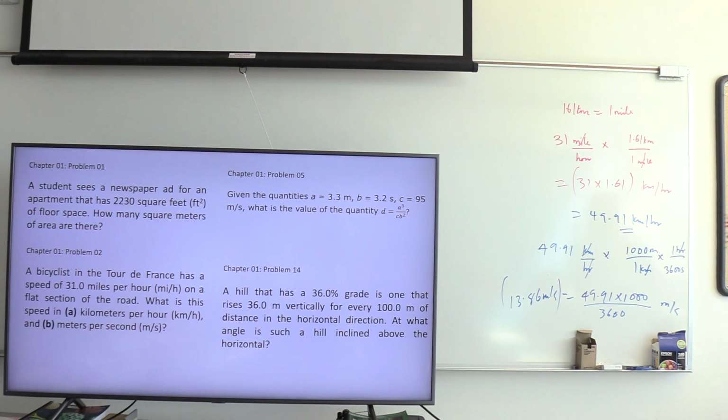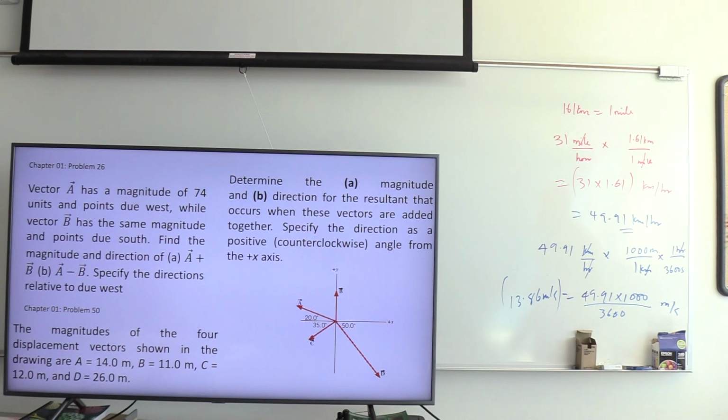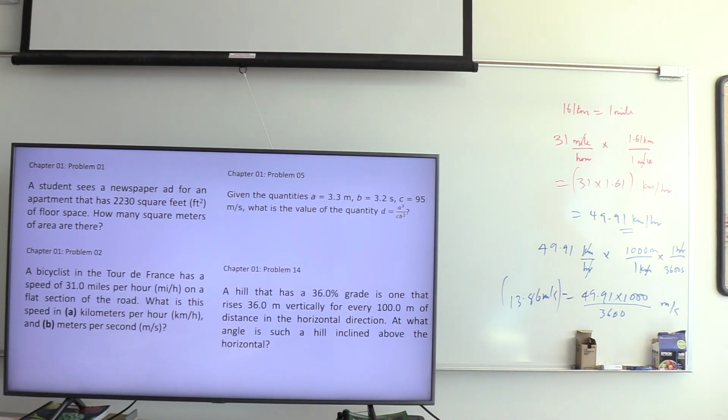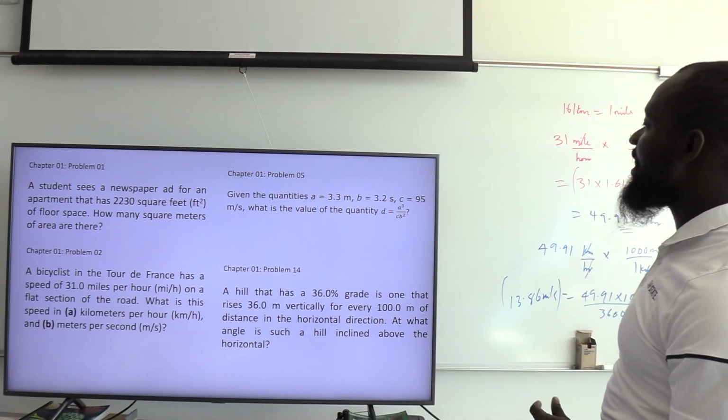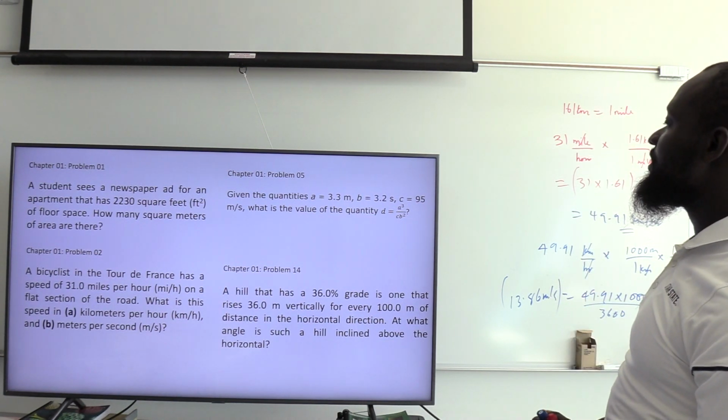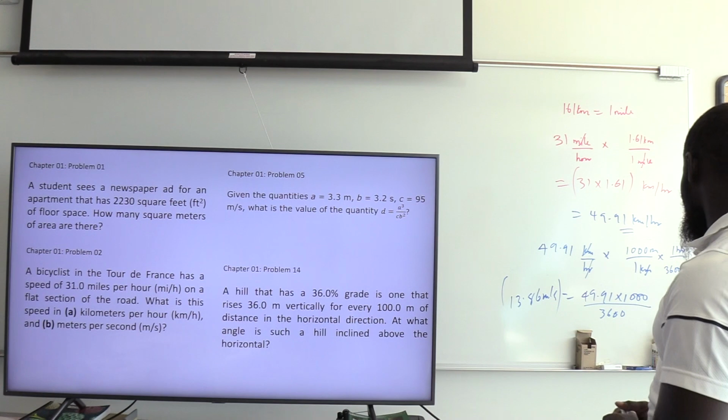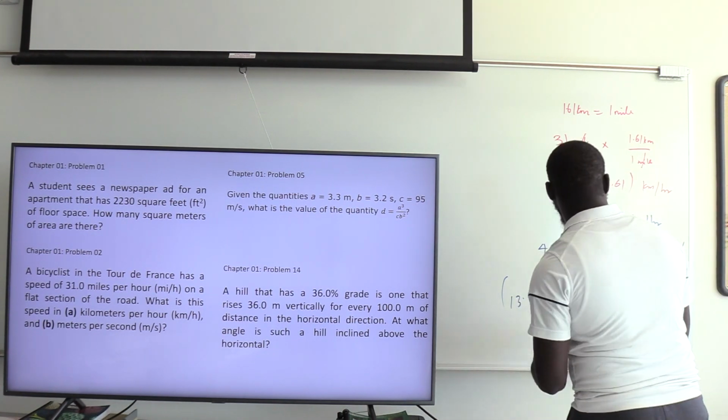Okay. So let's go to the next problem. Oh, sorry, I haven't finished the problems on that side. So now we're doing this one. Given the quantities A, B, and C, what is the value of the quantity A cubed over CB squared? So that's straightforward algebra.